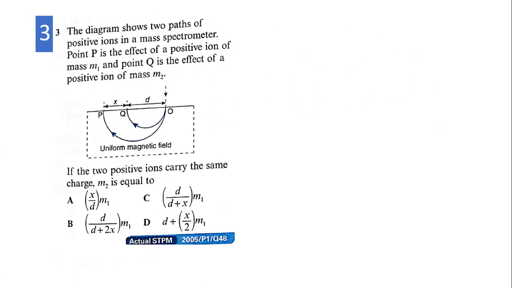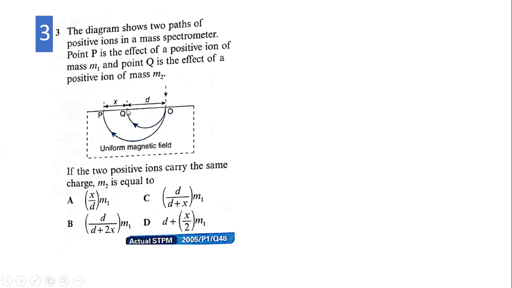This one. You have to work it out. Not so simple. The diagram shows two paths of positive ions in a mass spectrometer. Point P is the landing point of the positive ion of mass M1.